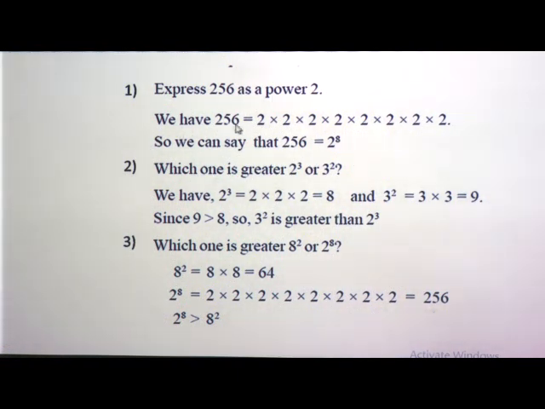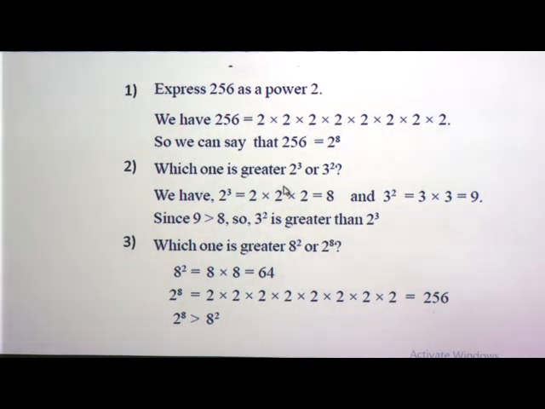We have 256 as 2 multiplied by 2 multiplied by 2, how many times? 8 times. So, we can say that 256 is equal to 2 to the power of 8, or the 8th power of 2, with base 2 and exponent 8. In this way we can find factors and write its power.